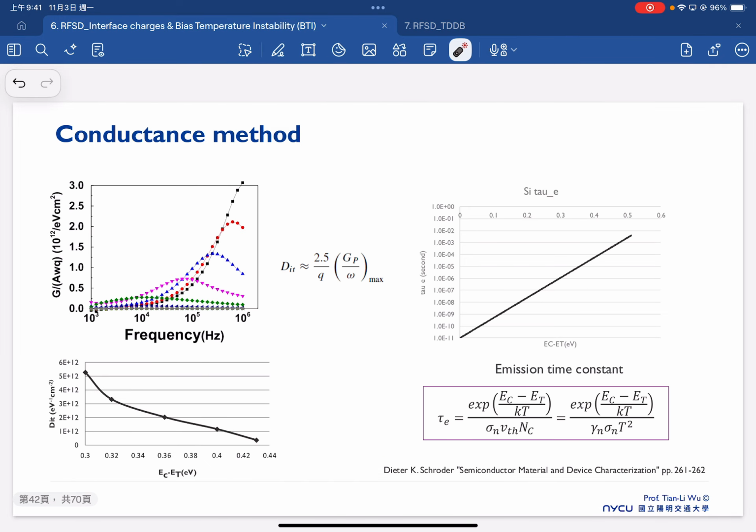So let's use one example to illustrate how we can, from the conductance versus frequency plot, in the end convert to the DIT versus energy level.